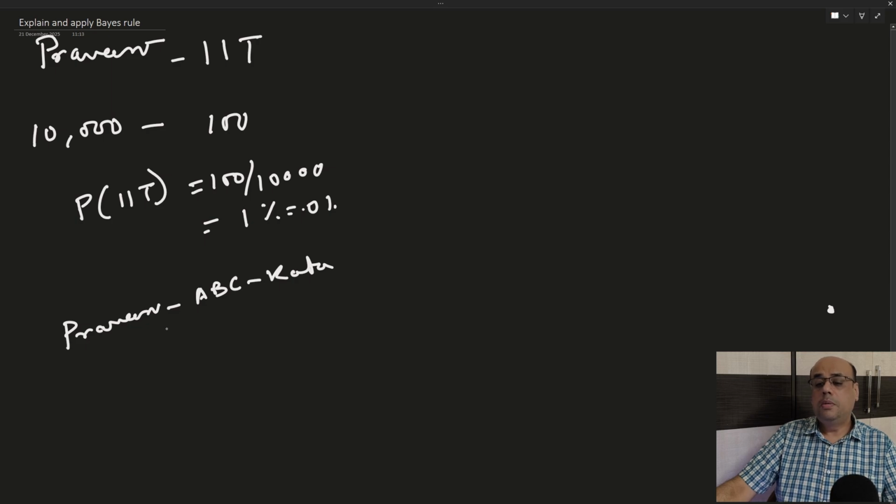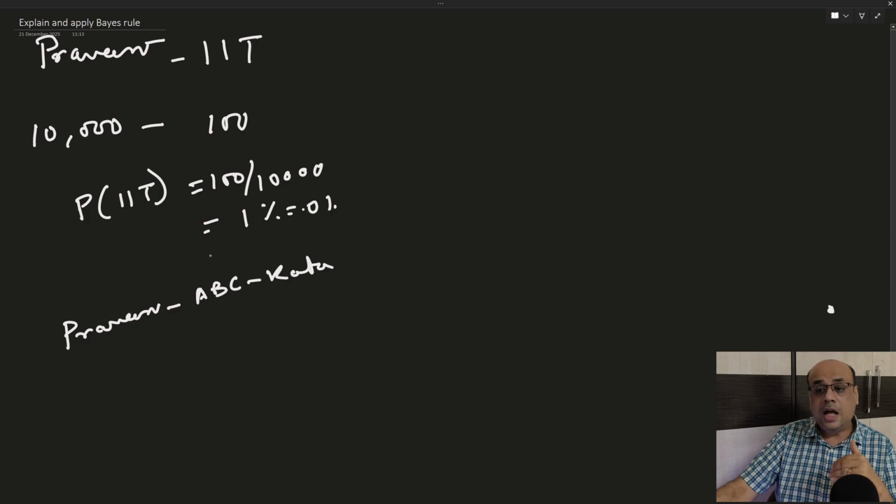So when we know this information, what does our common intuition tell us? Won't the probability be more than 1% if we know that Praveen has taken coaching from ABC Coaching, which is a very renowned coaching institute in Kota, and from where many students get into IIT? So we can safely assume that this 1% will not hold good for Praveen.